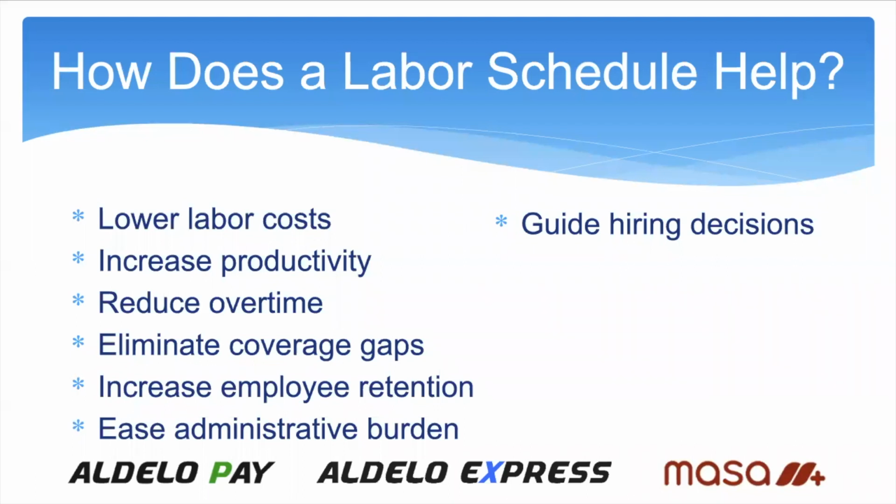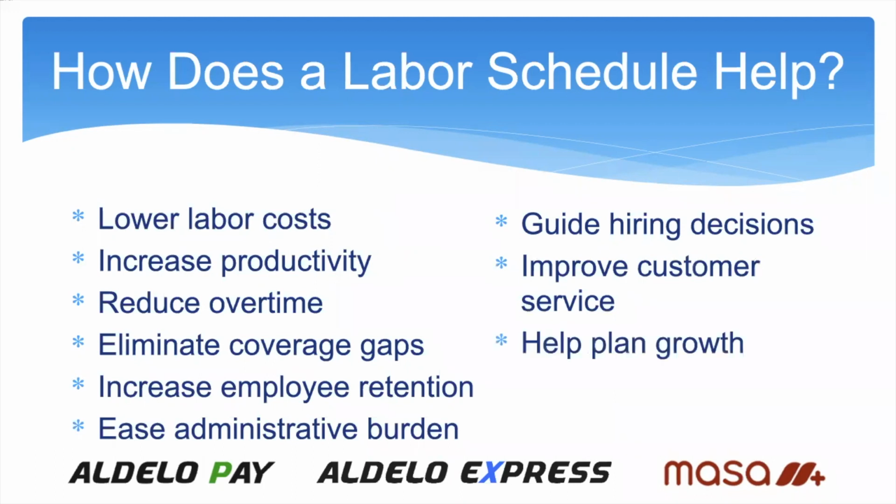Increasing an employee may not increase sales, but when you're ready to promote the business at a higher rate, your sales are going to increase. That'll guide your hiring decisions, improve customer service, and help with a plan for the future growth of the restaurant. All these things will help that restaurant and that business grow.